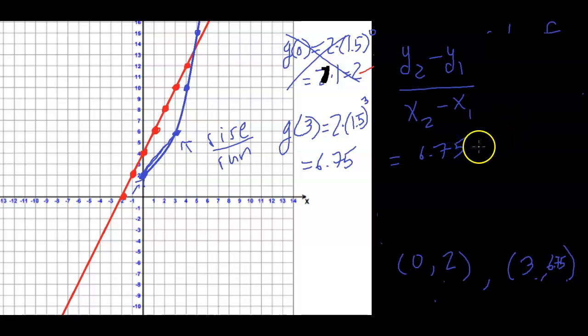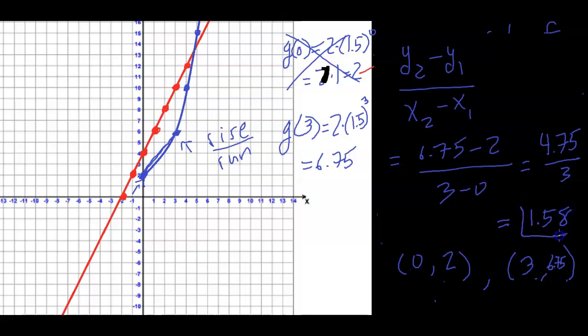6.75 minus 2, right? Divided by 3 minus 0, right? What's 6.75 minus 2? That's 4.75. And what's 3 minus 0? That's 3, right? So what's the average rate of change? It is, let's round it to 1.58, okay? So we can say that, and let me create some more room to make this statement.